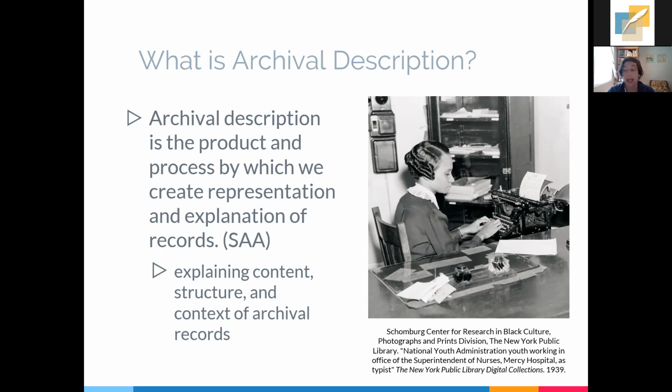This is the Society of American Archivists definition. And what we're explaining in archival description is a combination of the record's content, structure, and context. So all of this information is important to be able to provide a clear and concise representation and a guide to the collections that you manage.